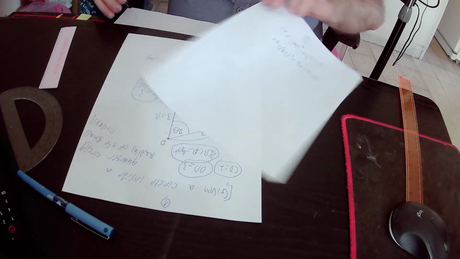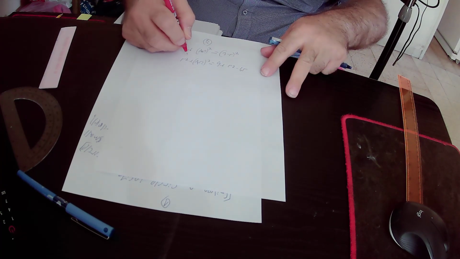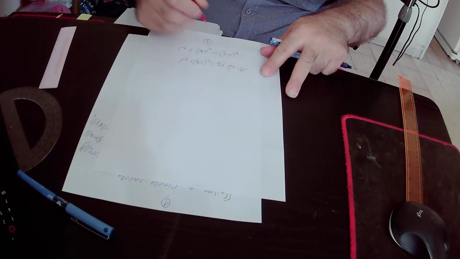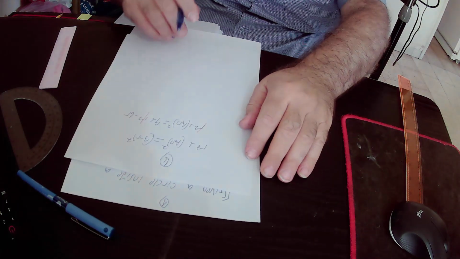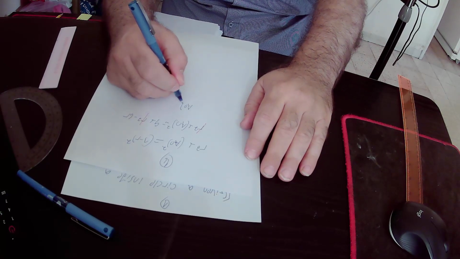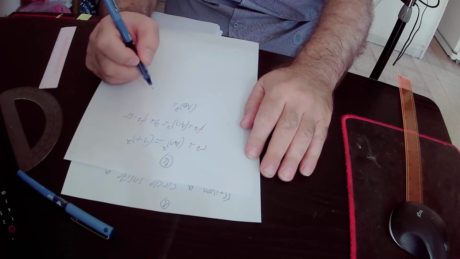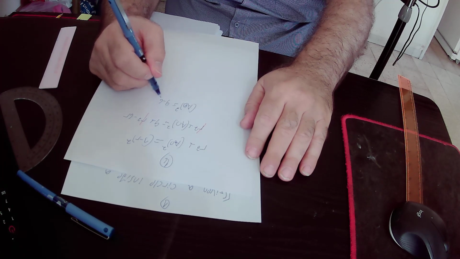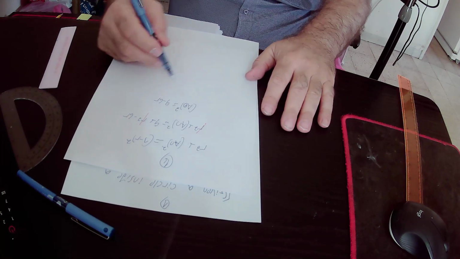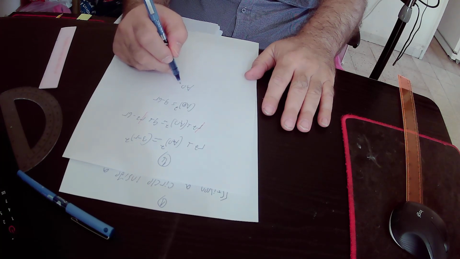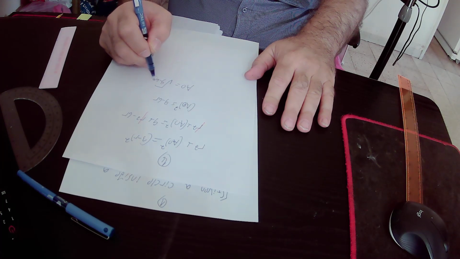So here we have r square on both sides of the equation, so we can cancel r square, and what is left is AO square equals 9 minus 6r. So here we will take a root of this equality and we will get that AO equals the root of 9 minus 6r.